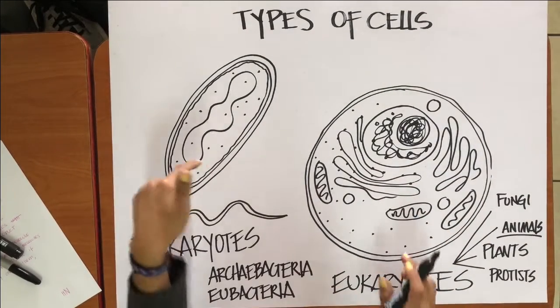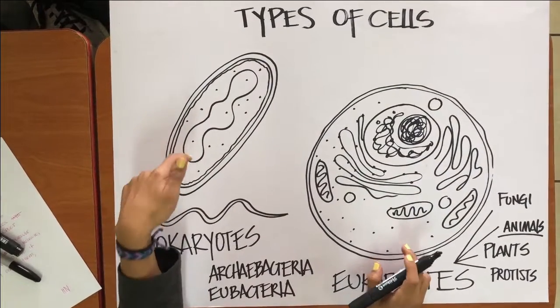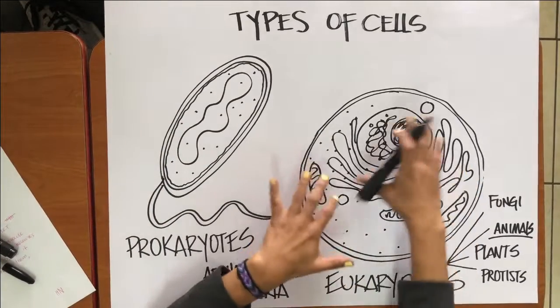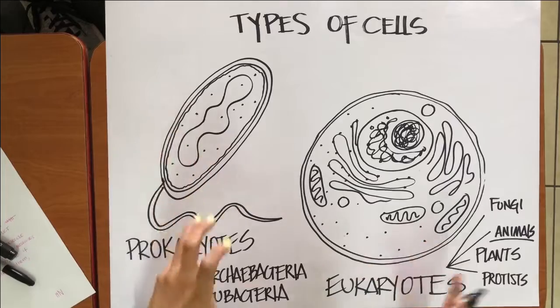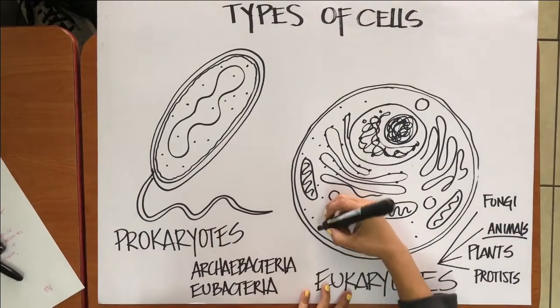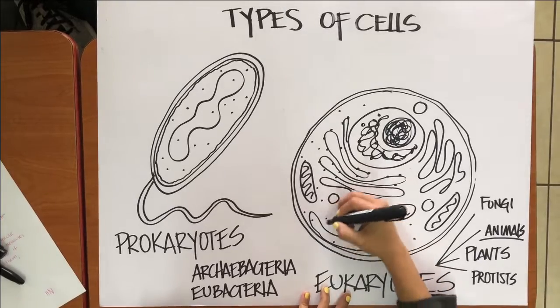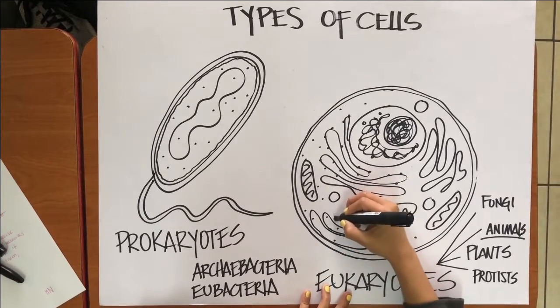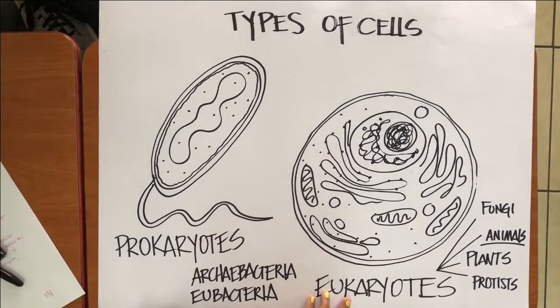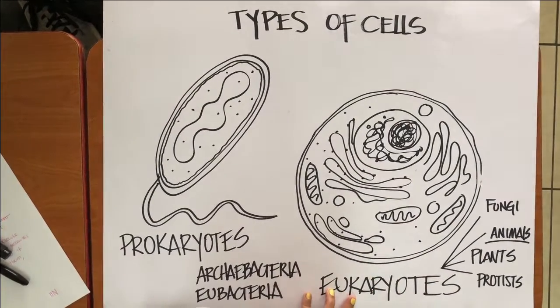What is the cytoplasm? We have it on both cells, and the cytoplasm is this jelly-like substance where all of the other organelles or parts of the cell are distributed. Oh, and finally the Golgi apparatus. As I said, I'm talking about general structures within the cell, not all of them, just the basics.